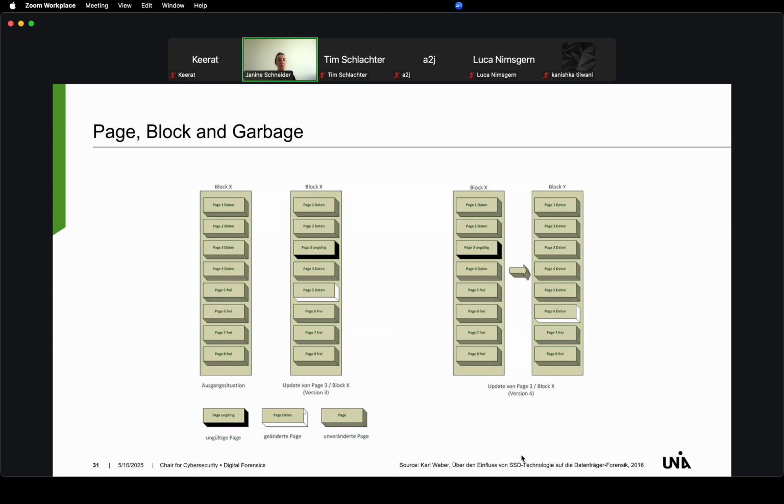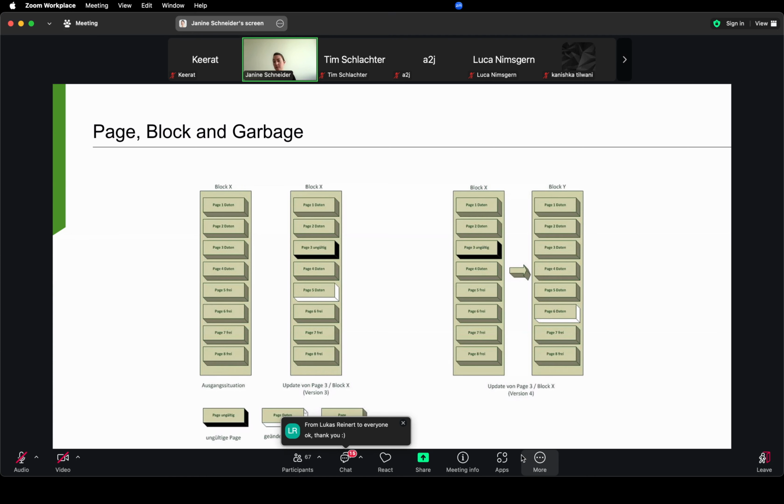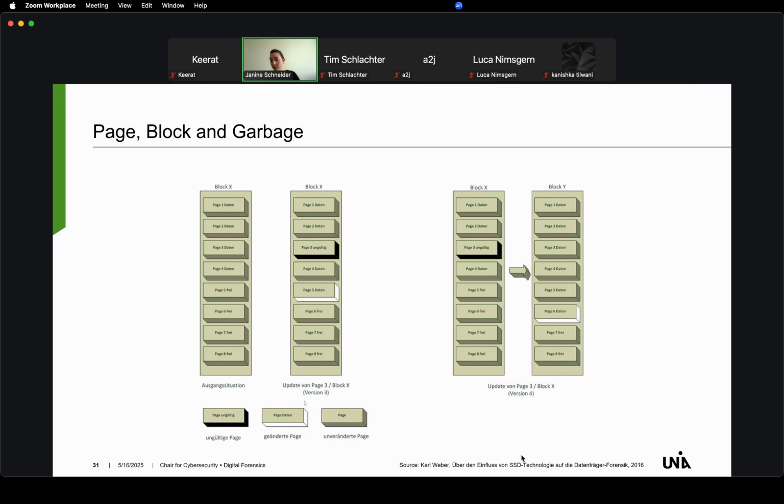I guess because of wear leveling. Yeah, exactly. Daniel is right. You don't want to write the same page over and over again. Okay. More questions?